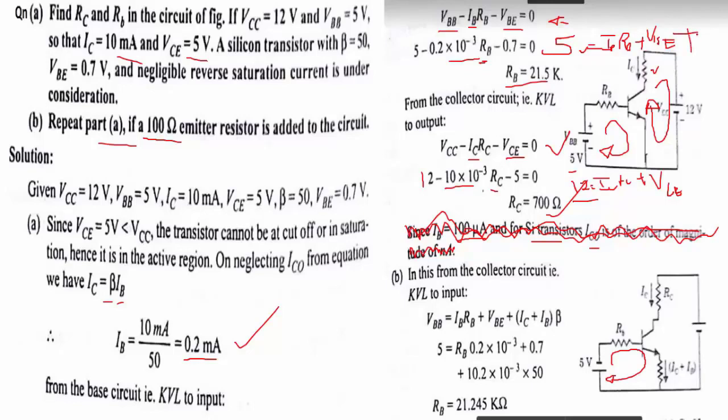Kwa hapa tutaongezea tu, kwa sababu hii loop itakuwa inaanza hapo 5, inafuata IB RB plus VBE, okay, plus IE RE. The good thing ni kwamba IE tunayo, kwa sababu IE tunajua ni summation ya IB plus IC. We have IB here, IC we are given, so we can calculate that.